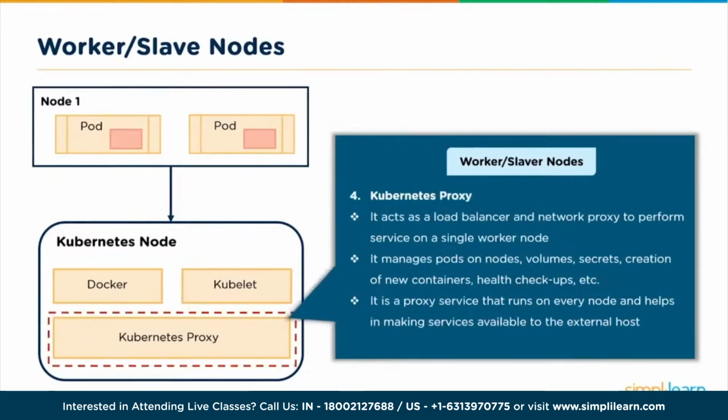The last component that exists in the worker node is the kube proxy or Kubernetes proxy. This plays a very, very important role, acting as a load balancer and a network proxy. What typically happens is that whenever the pods are running in nodes, the pods can be running on any node. There is no affinity towards any node on which these pods are running, because pods or containers are what is called ephemeral. They can run anywhere.